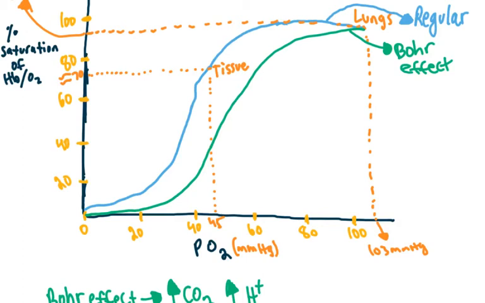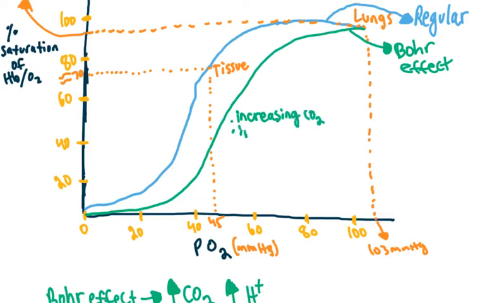So let's go and look at that. Let's say at this point, the Bohr effect did what? We're increasing CO2 levels because of the muscle cell, and we're increasing H plus levels, or hydrogen cation levels. If we take one point in this graph, we can compare this point right about here with this green point right about here on the Bohr effect line.